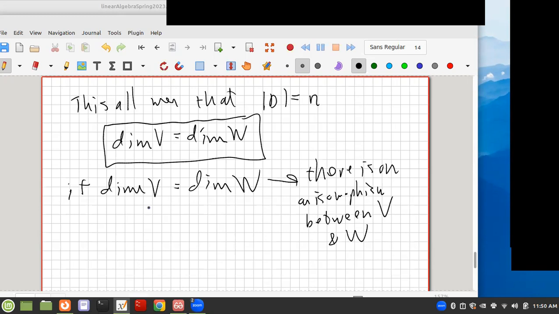You can then show that there's a linear map where I take V1 to W1, V2 to W2, so I can construct an isomorphism using this, and then you can show that because they're both bases, what you've constructed is one-to-one, onto, and linear, so you know you've constructed an isomorphism.